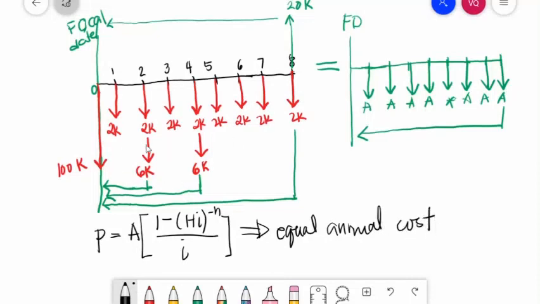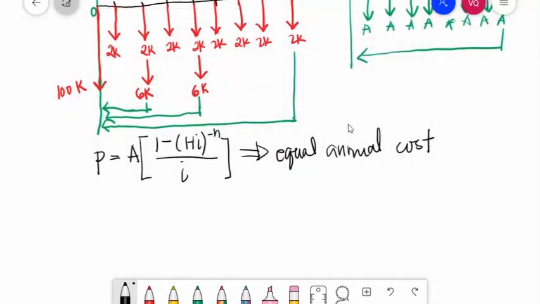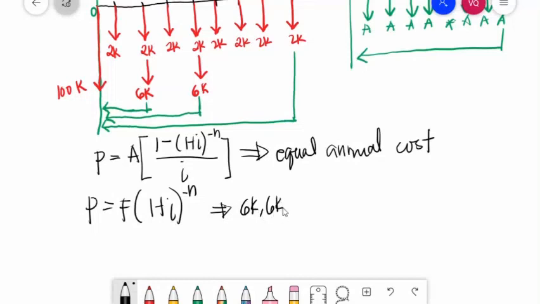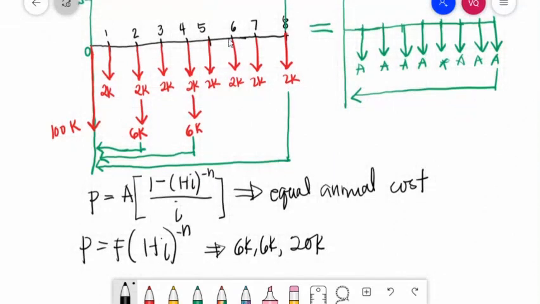For the 6K at 2 years and 4 years, and the 20K, we will use from our compound interest, P is equal to F times (1 plus i) raised to negative n. This is for 6K and 20K. So, formulating now our equation, upper is equal to lower.